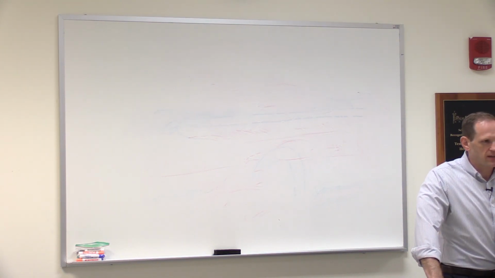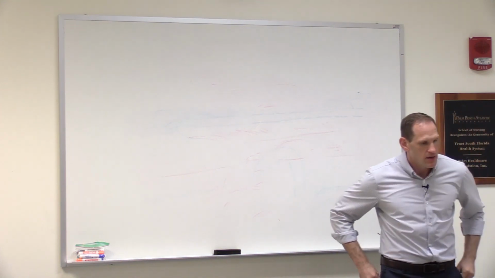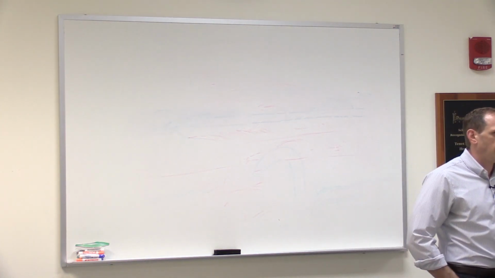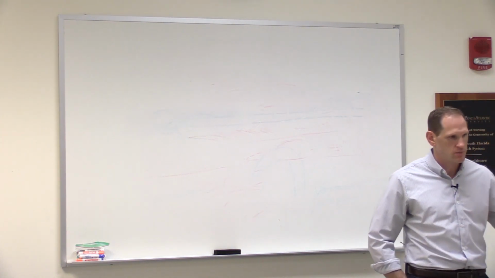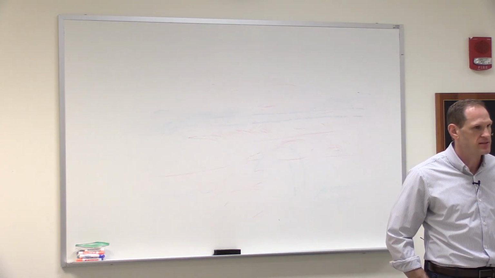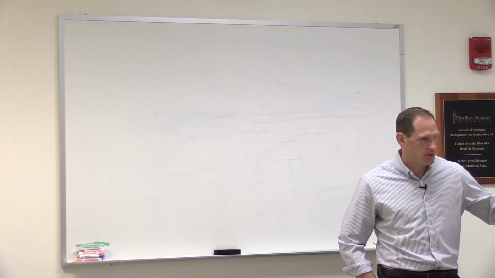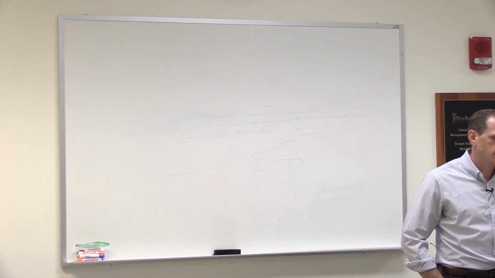Direct vasodilators. So we have a couple of these. First one is nitric oxide, which we mentioned is an older drug that is used for hypertensive crisis. It causes dilation of both arteries and veins.